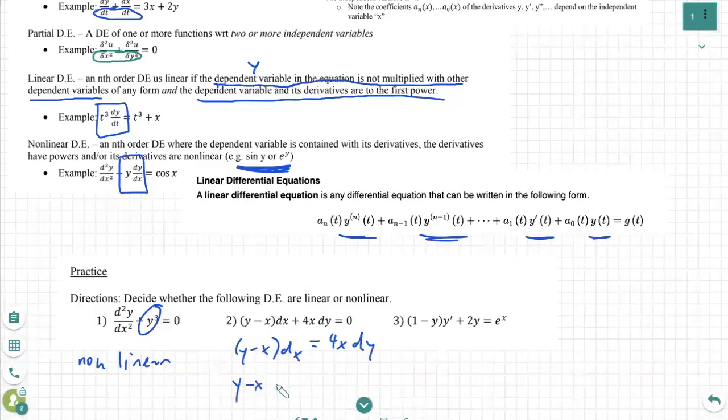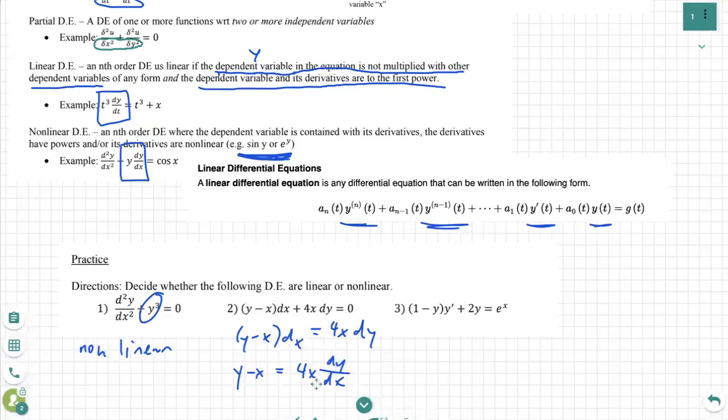Notice I get y minus x is equal to 4x dy dx, right? So in this case, notice that all the y terms have no functions being applied to them, and they're not multiplied by any other y terms. y by itself is fine, and then we have dy dx multiplied by some x function, or an x term, not a y term, so that's okay.